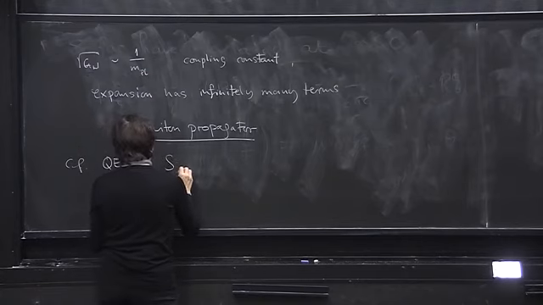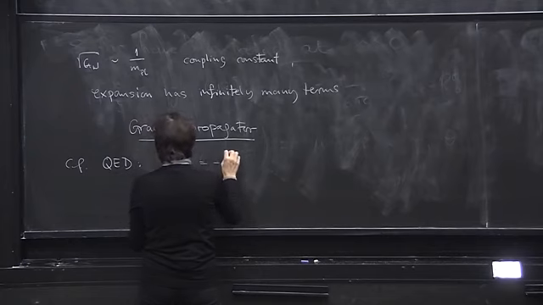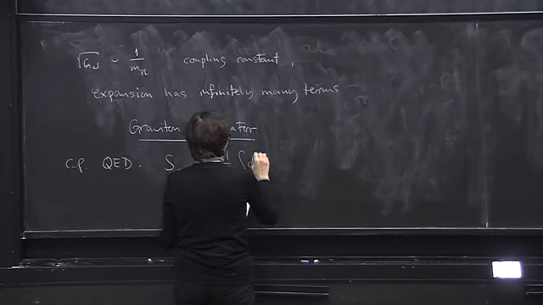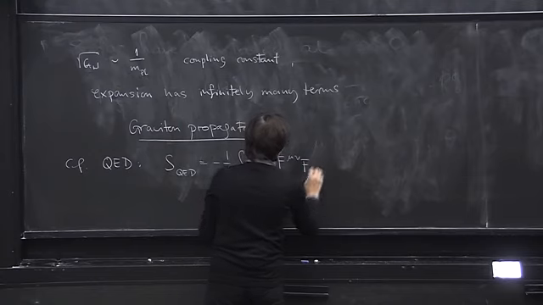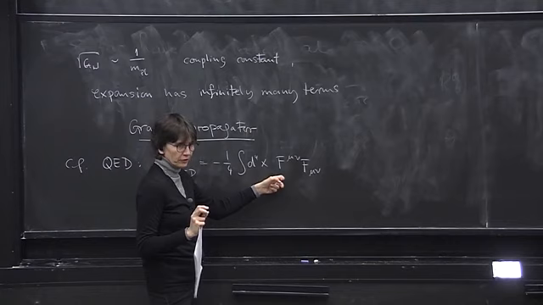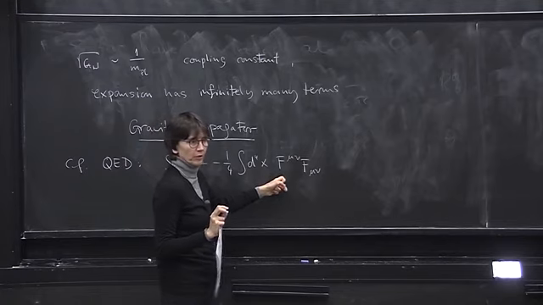Then the action, just for the photon field, is of the form minus 1/4 ∫d^4x F_mu_nu F^mu_nu. And the basic field is, of course, the A field, of which this is the curvature, the gauge potential A_mu.